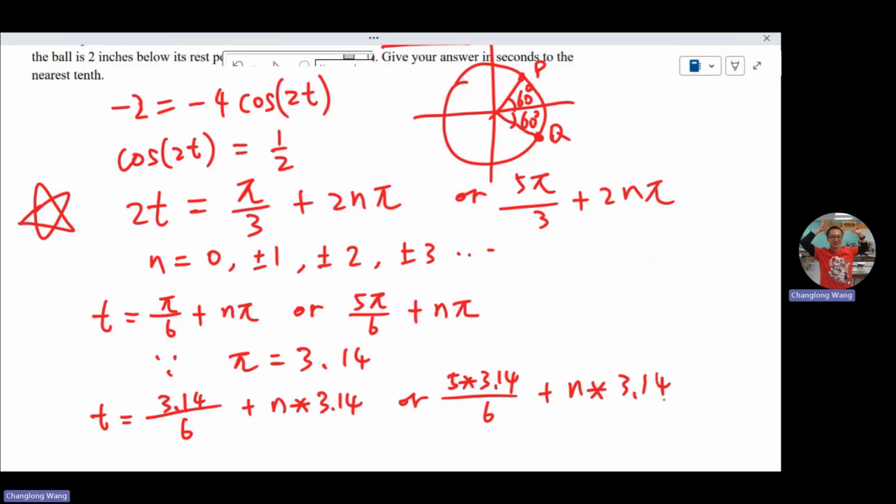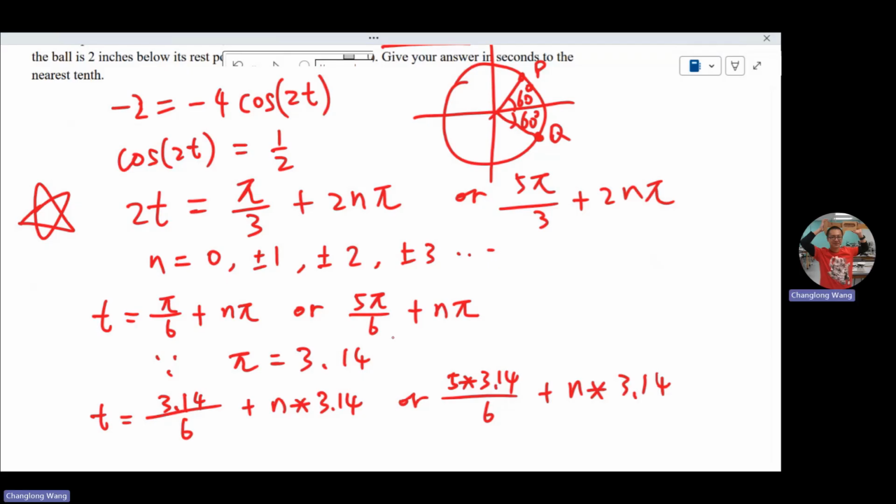All right, so be right back. All right. And n is just integers, right? So now do you know how to get all the values of the t within the first 10 seconds?